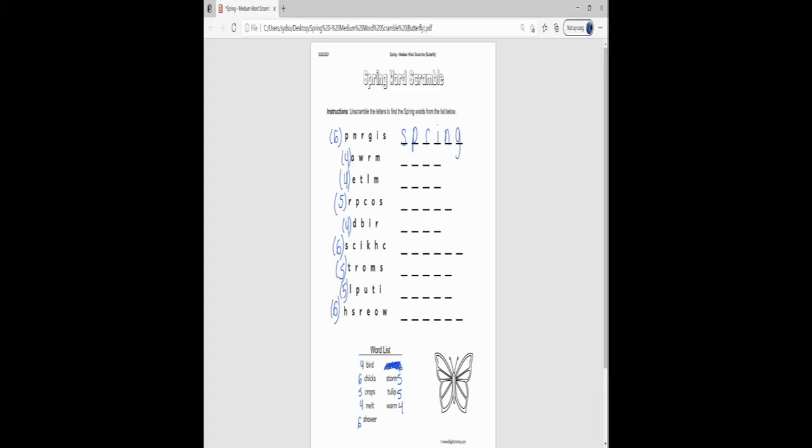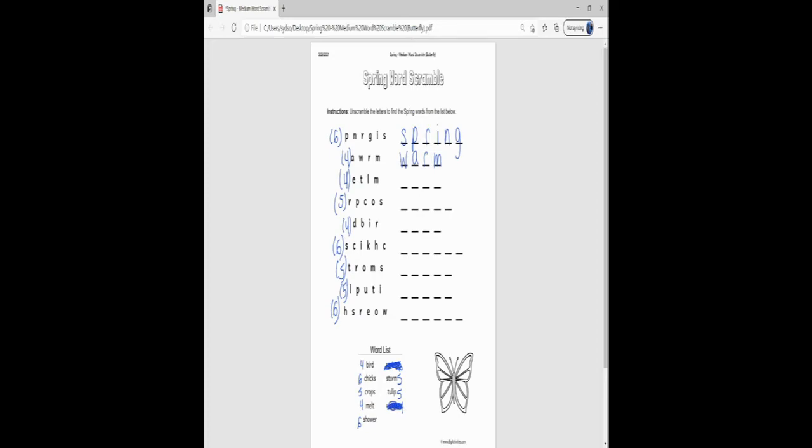How many words in our list have the letter W in it out of bird, melt, and warm? Very good. Our friend who said warm is correct. So the word has to be warm because it's the only 4-letter word that has a W in it. Now we get to cross off warm.